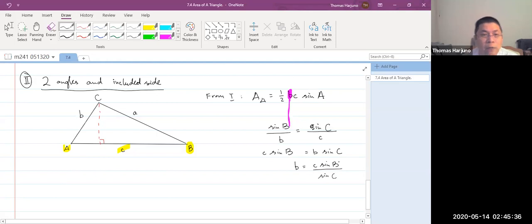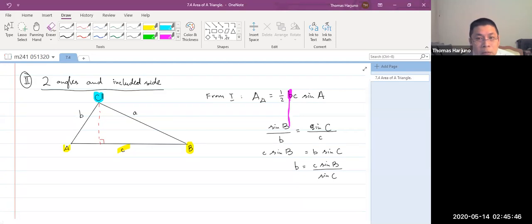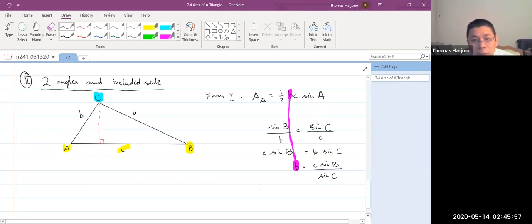Now notice that if I know angles A and B, then angle C is actually coming for free, right? Okay, so now I go back to the formula for the area of that triangle.